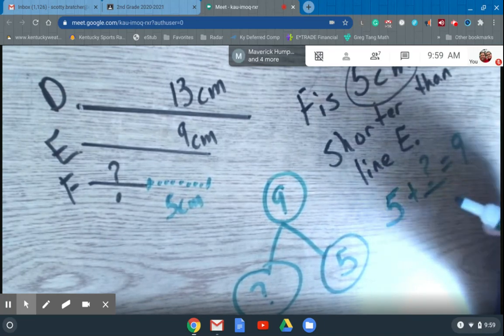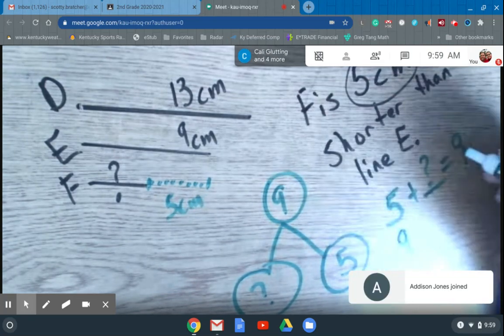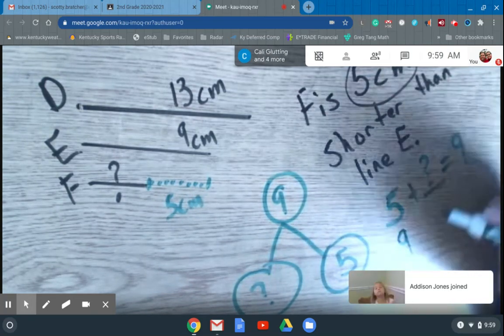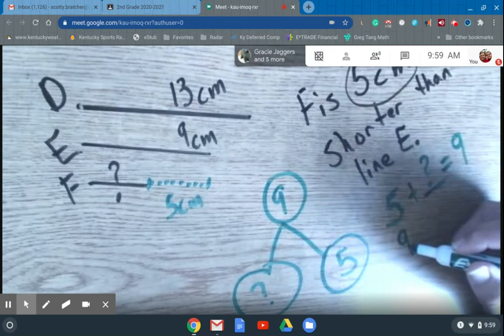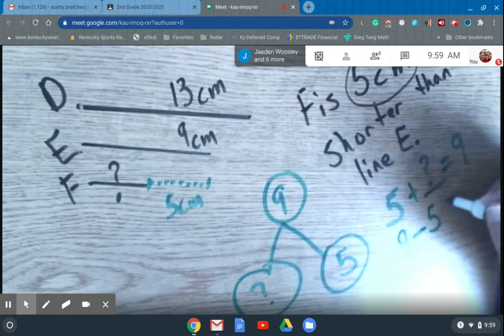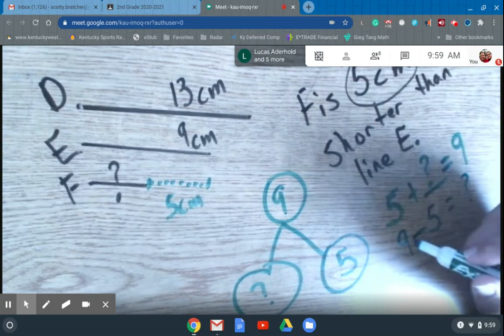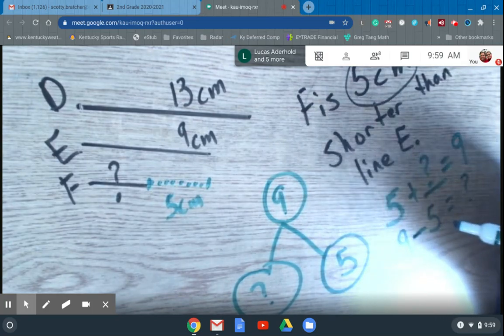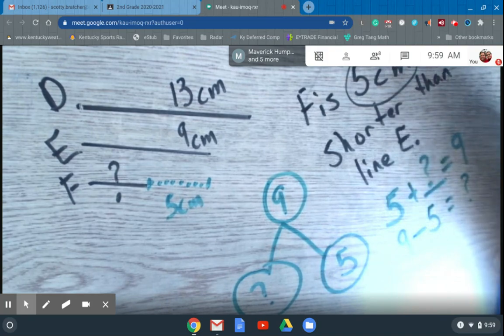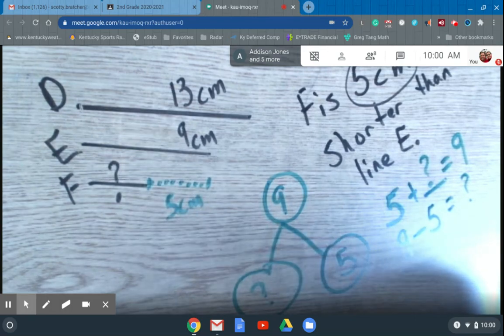So we're going to go 9, because the subtraction problem always has the biggest number first. 9. I'm going to take away what I do know, and that's going to give me what I don't know. All right? So if I have 9 and I take 5 away, what's left? Let's see, Jaden, I haven't heard from you today, I don't think.